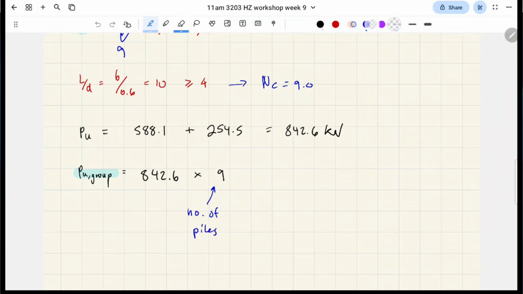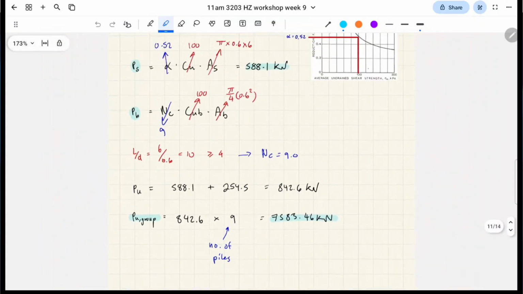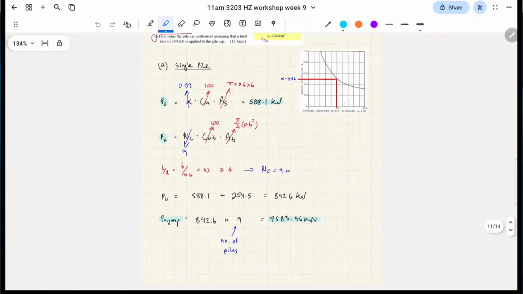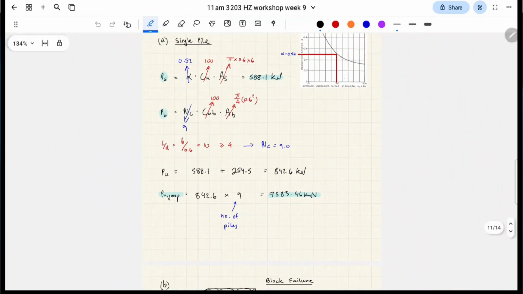That gives us 7583.46 kilonewtons. Okay, sure. That's the answer to part 1. So again, these formulas aren't bad when you only have one layer, right? Cool.